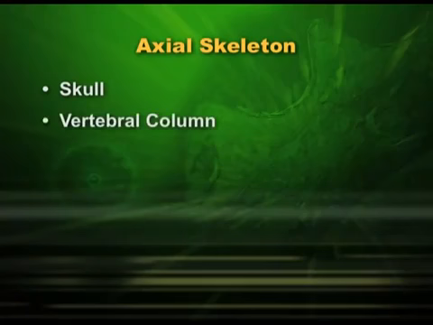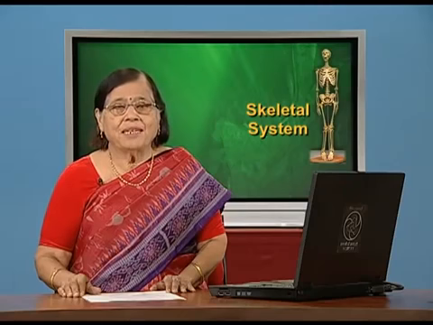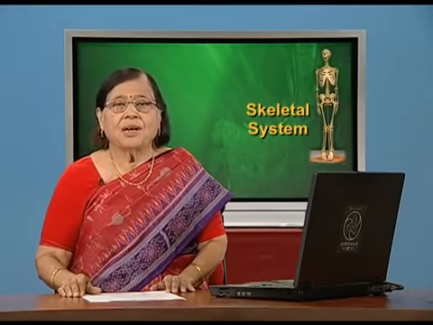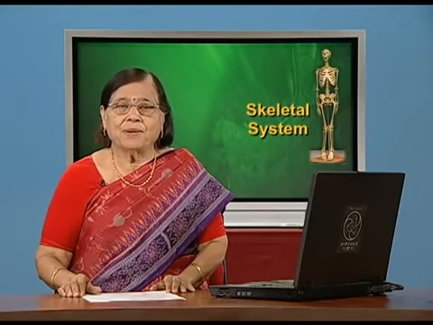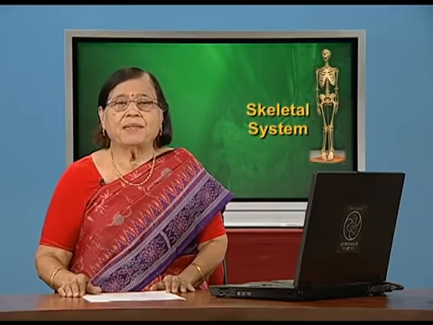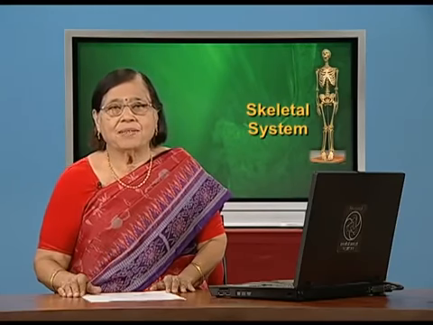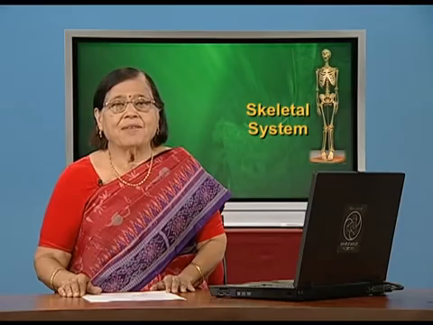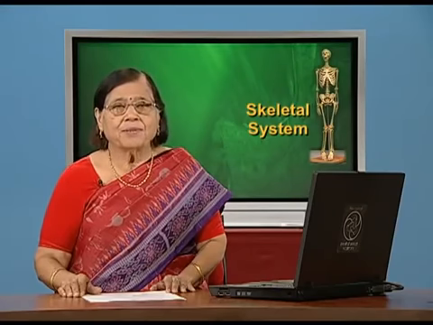In the skull we studied the cranial bones and the facial bones. In the vertebral column we studied the vertebrae, and in the rib cage the way ribs are arranged, out of which the first 7 pairs, out of 12 pairs, are true ribs, the 8th, 9th and 10th pairs are false ribs, and the 11th and 12th are floating ribs.